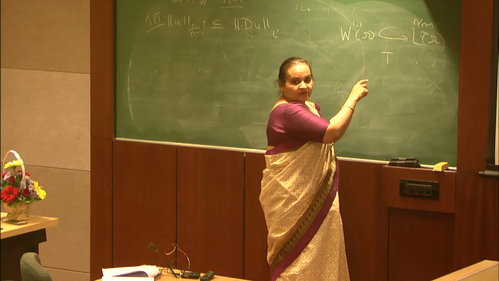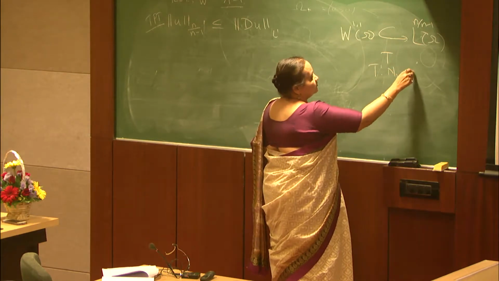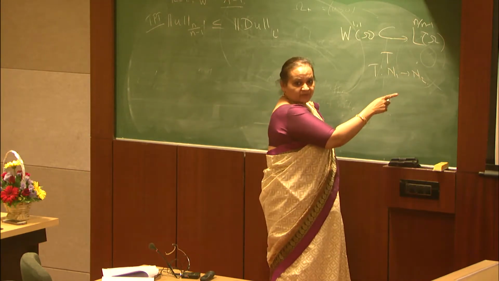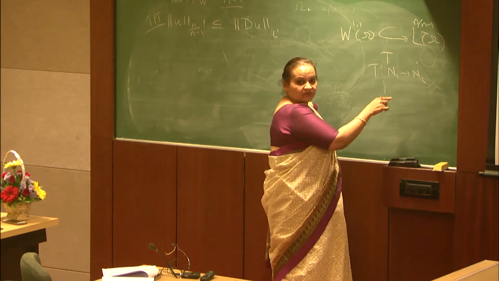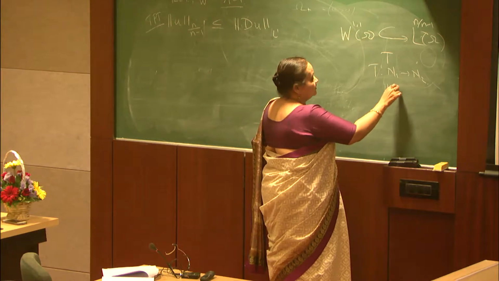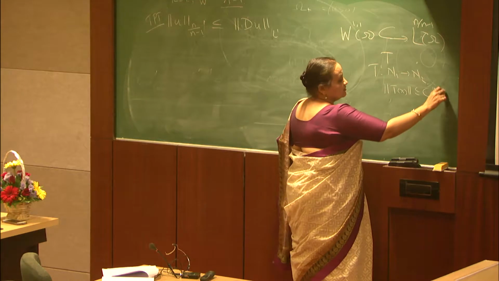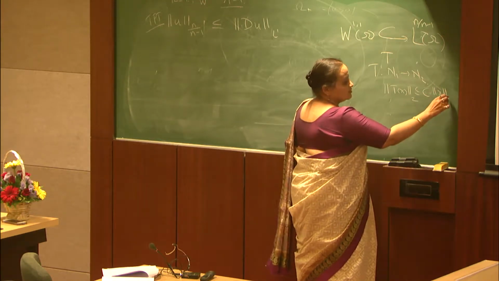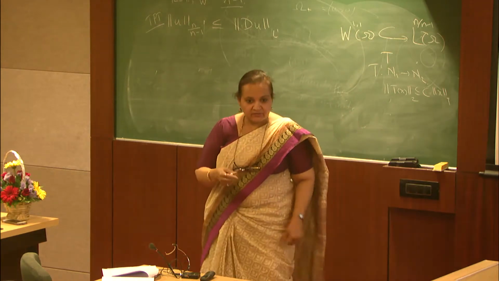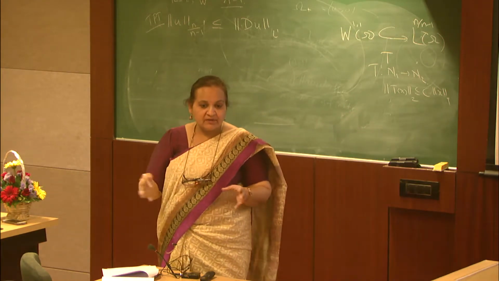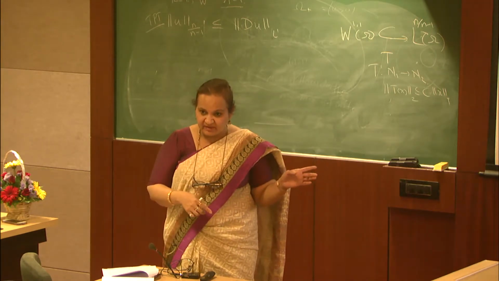You remember from your functional analysis, if you have a map from X1 to X2, it is a bounded linear map if norm of T of x is less than or equal to c times norm of x. So that is your usual definition of bounded linear maps between two Banach spaces. So here we are having Banach spaces.